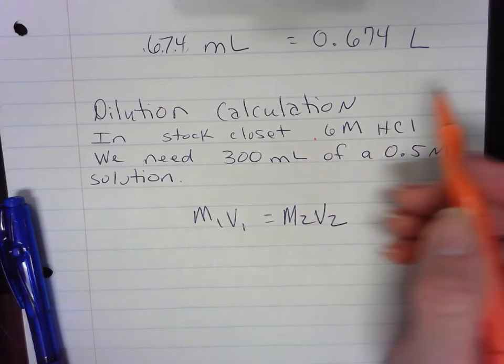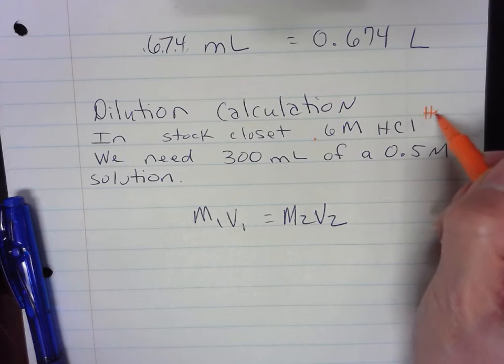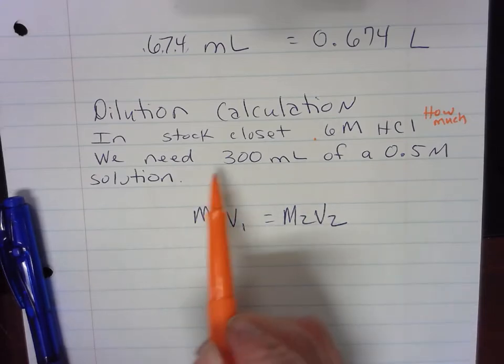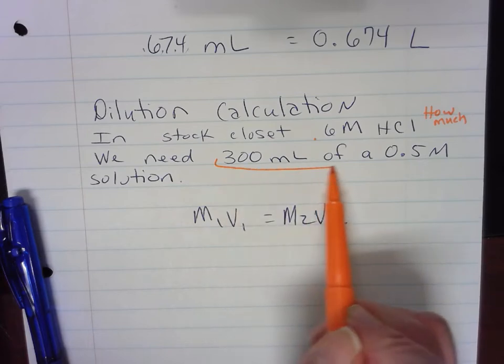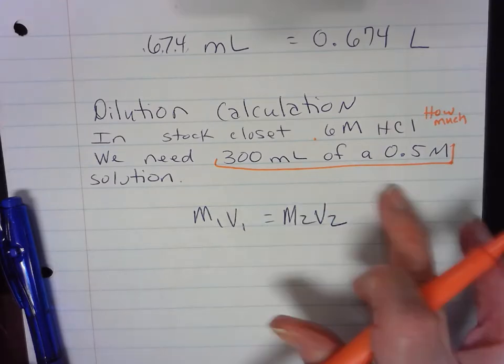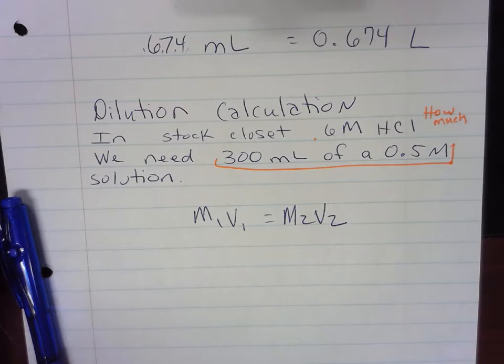We need to know how much of this we add to our solution. They do give you this information: you have 300 milliliters of a 0.5 molar solution. That's what you need. Since they gave me this information, it really doesn't matter. As long as your 1 is a 1 and your 2 is a 2, you're good.